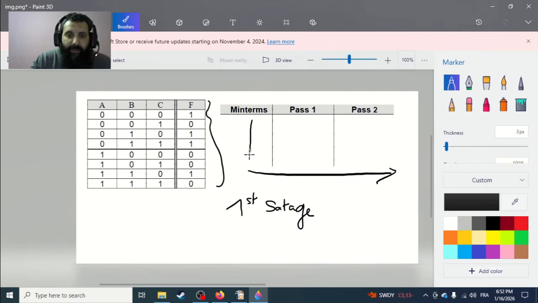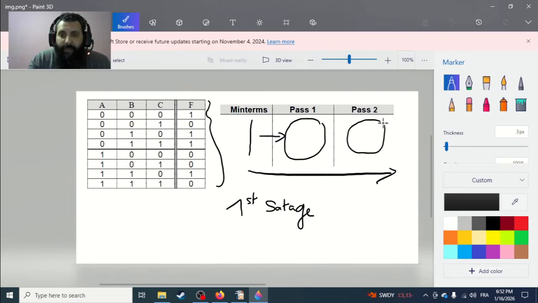We have here min terms. We will do some aggregation here. Aggregation means we are assembling two min terms to reduce one variable, and we get here, in the first pass, min terms with one variable eliminated.